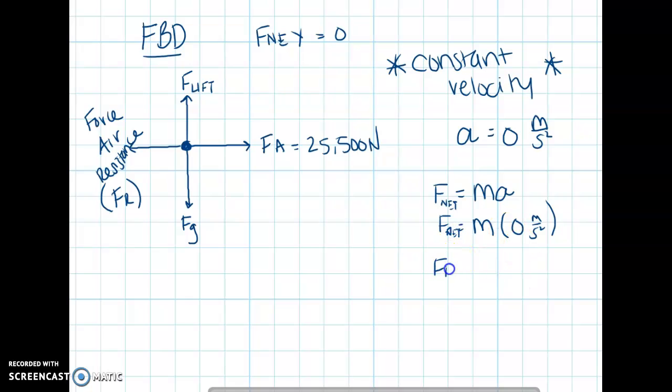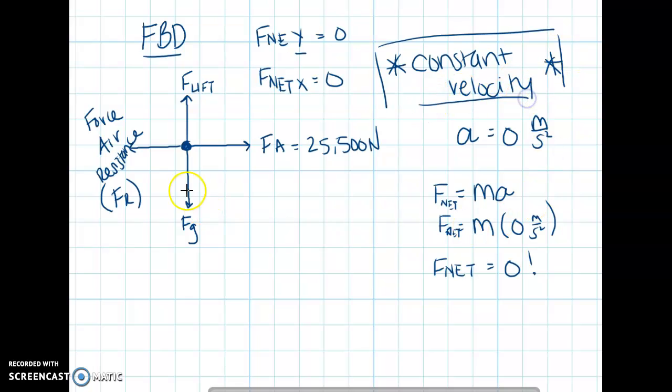So F net is equal to 0. So the sum of all of your forces combined in the y direction and also in the x direction has to be equal to 0, in order for this to be at a constant velocity, in order for this plane not to be accelerating, so the acceleration equal to 0 meters per second squared.